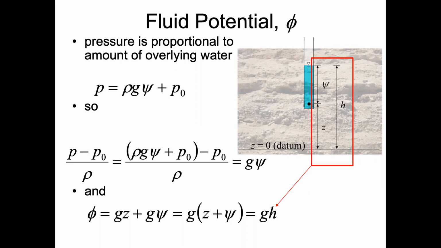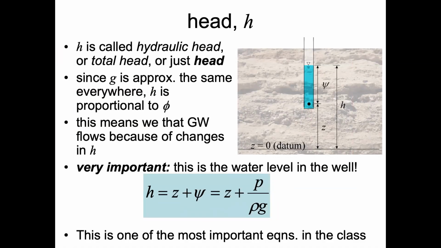When we think about our head in general, we can think about head as just being the sum of our elevation head plus our pressure head, which might be in a depth unit, centimeters or meters, and we can put it back into a pressure unit, so we have our pressure divided by our density times our gravity.